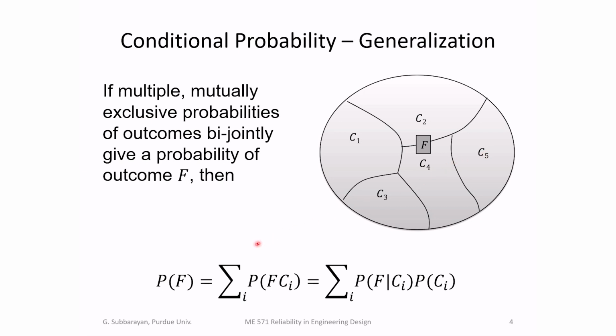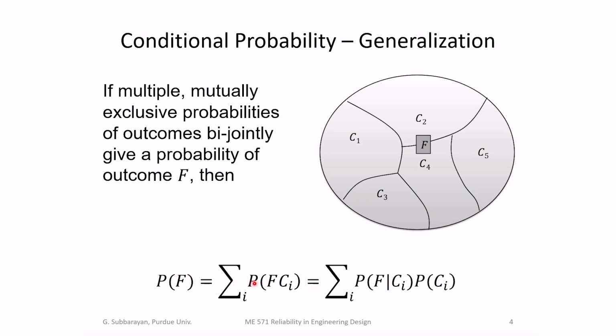In which case, we can write the probability of failure as the summation, remember using the addition rule, except now all these events are mutually exclusive. Therefore, the intersection part goes away. And that's just the probability of F times Ci.